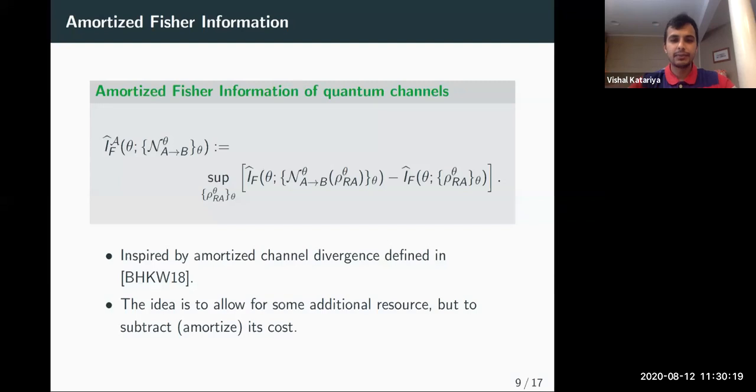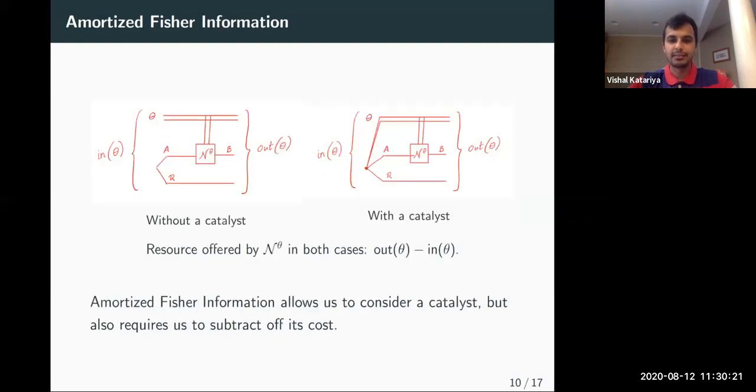It's not very easy for me to explain, so I've constructed this kind of crude diagram. If you look at the left, we have a state family that has an input state. We have a channel that has an input state on systems AR, and that input state doesn't depend on the parameter theta at all. The theta influences only N_theta.